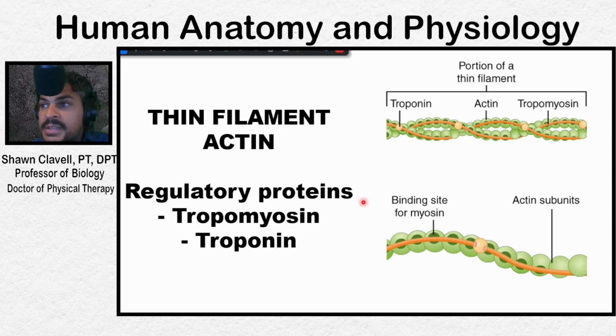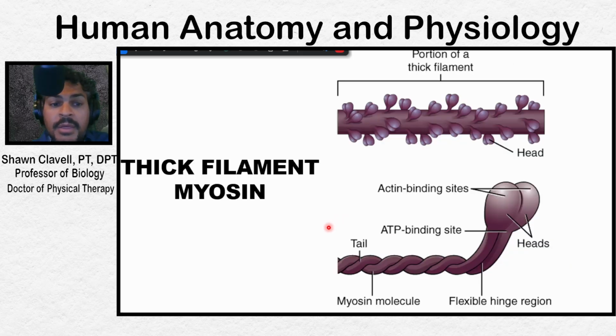Myosin is known as the thick filament. It sits in the middle and has a club-like head structure. On the club-like head structure, you've got an actin binding site. So the actin and myosin both have binding sites for each other. And then there's also a place for ATP to bind.